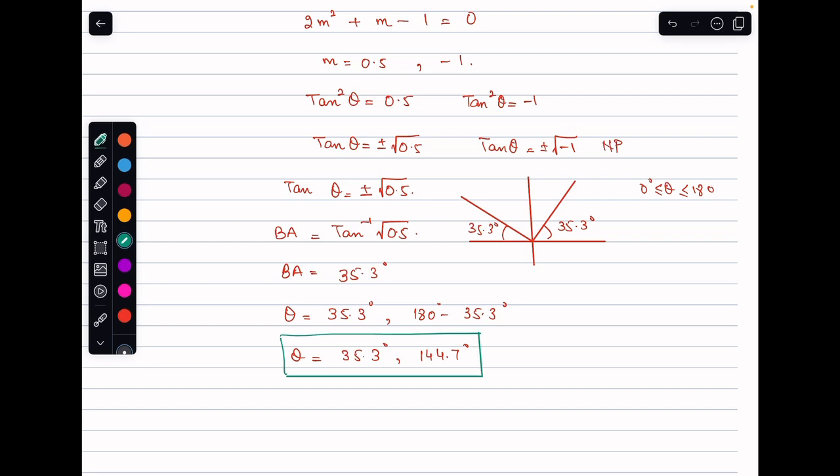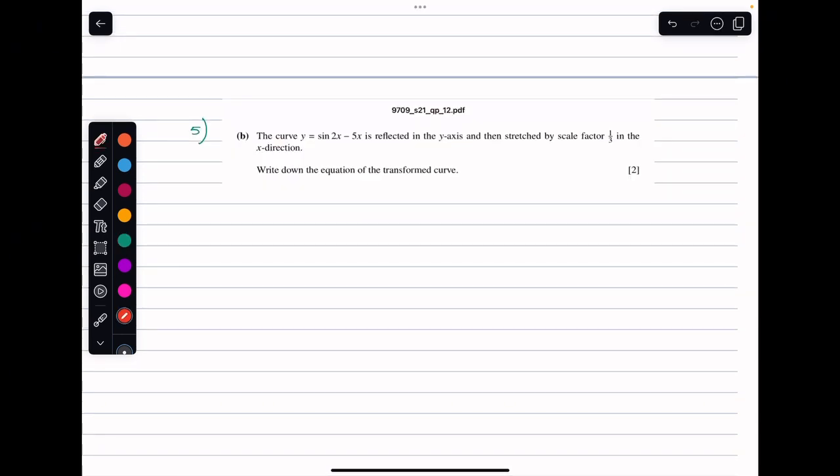So the next question has been chosen from summer 21, paper 1 variant 2, and it's question number 2, part B. I have chosen just this part B because it was related to trigonometry.